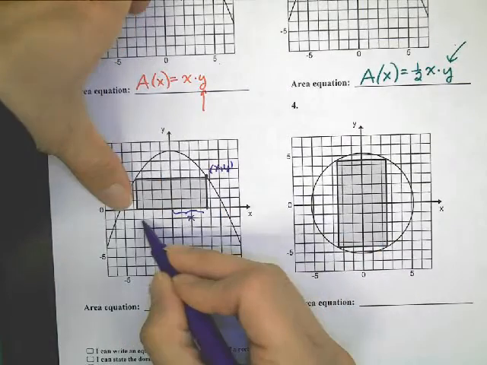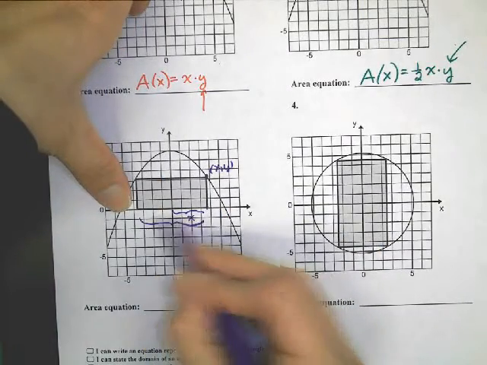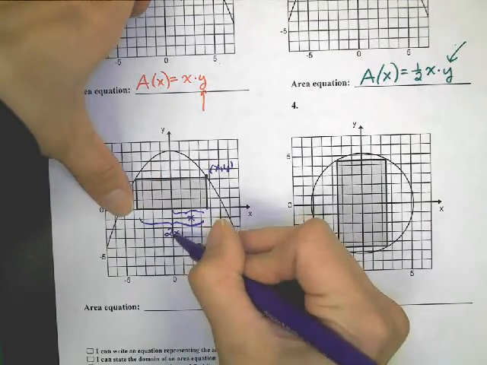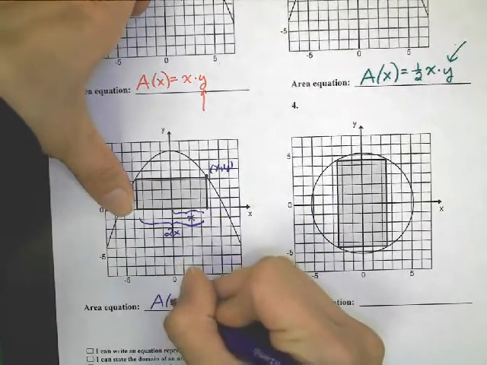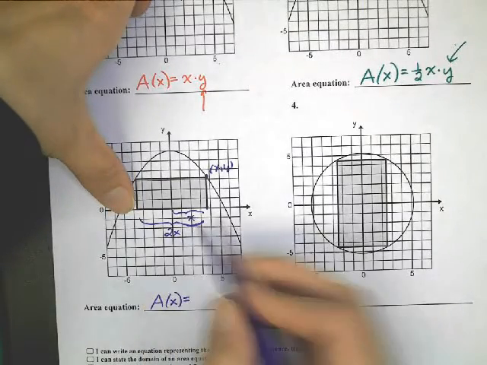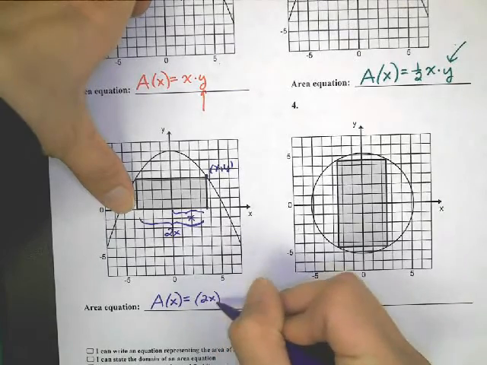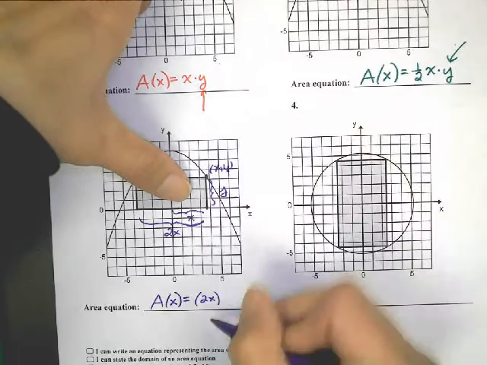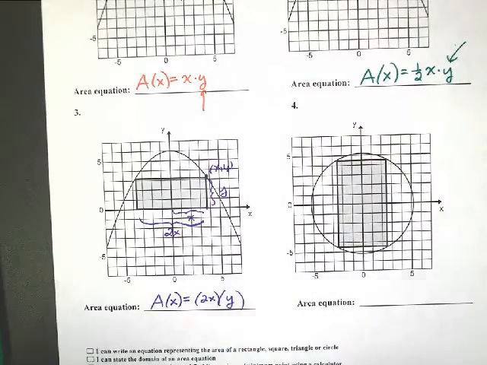So if I asked you what's the base of this rectangle, we wouldn't just call it x, we would call it 2x. So the area of this rectangle, A of x, equals base, which is 2x, times height, which is y. But once again, you would want to take that y out of the equation.